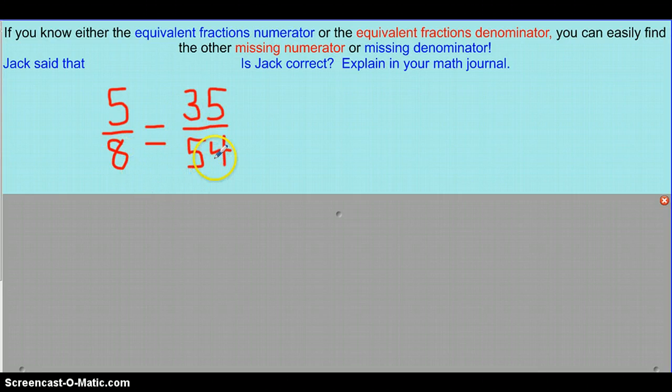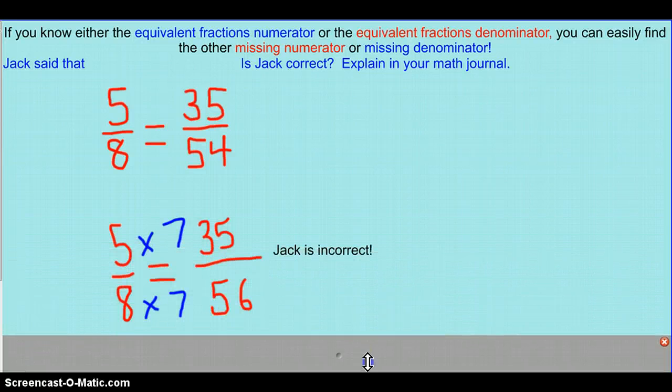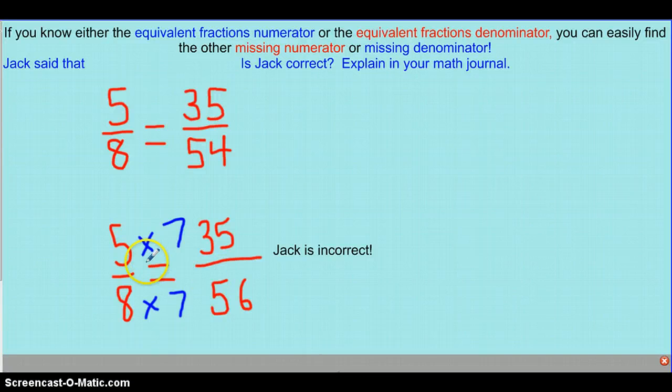And 8 to get to 54 would be times what? Is it the same number? It needs to be. 5 times 7 would give you 35, but it gives you 56 down below, so this number is incorrect. So Jack was incorrect. Did you also find this?